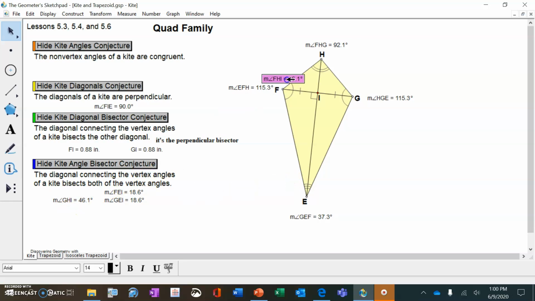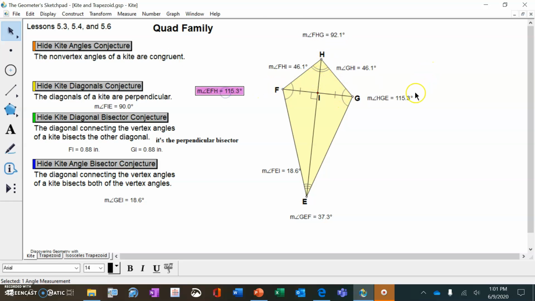Okay, so angle FHI is there, FEI is here, GHI is up there. Let me get these guys out of here maybe. Okay, and GEI is here.